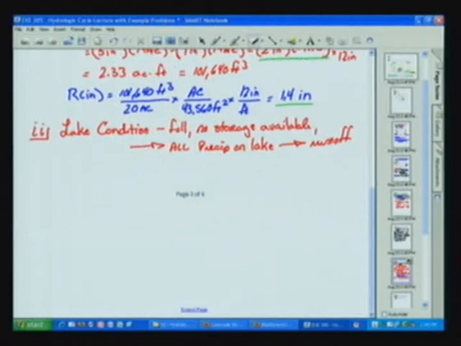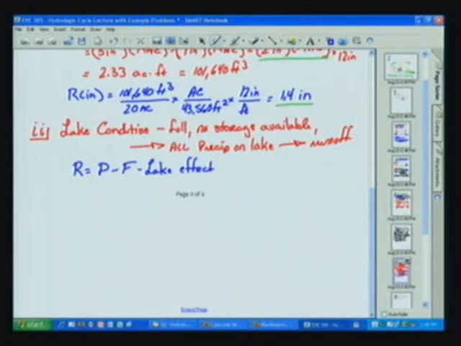Okay? So when we take a look at this particular case, our runoff is our precipitation minus infiltration minus the lake effect. And in this case, it's actually going to be a plus the lake effect. Oh, I'm sorry. It should not be a plus the lake effect. It is a minus the lake effect. Okay.